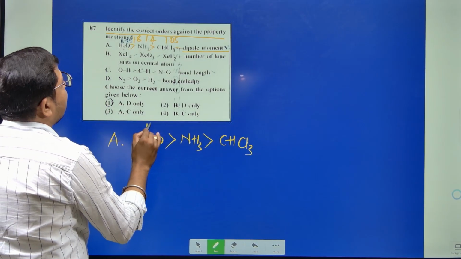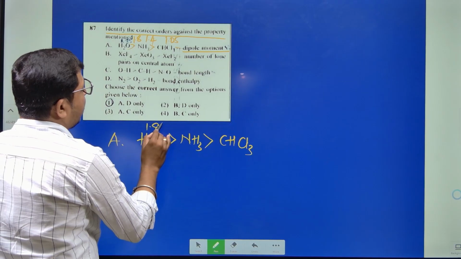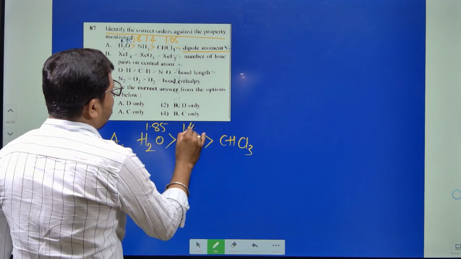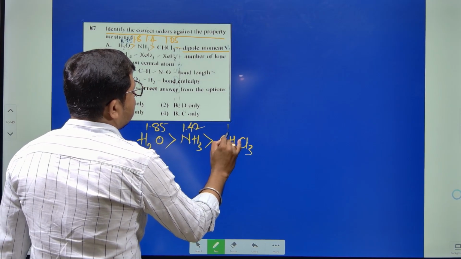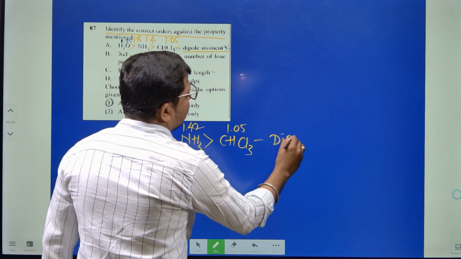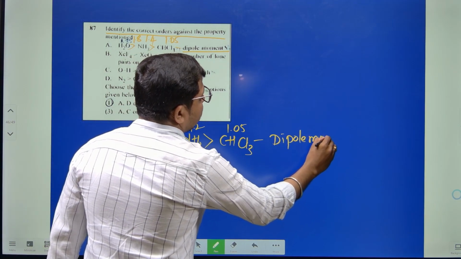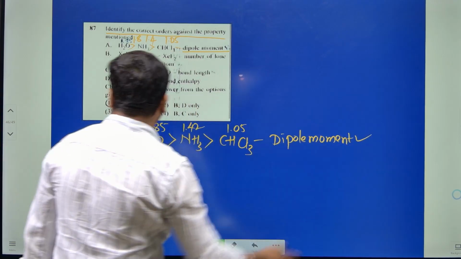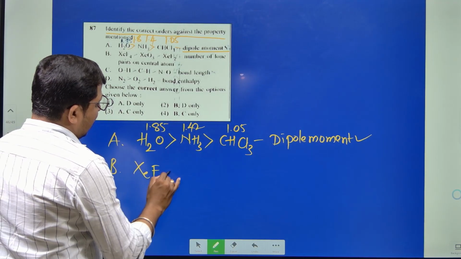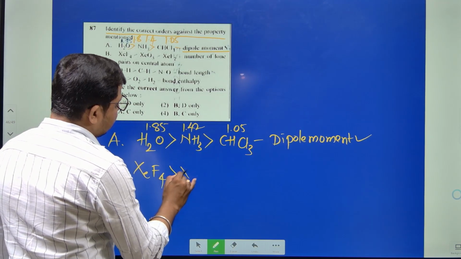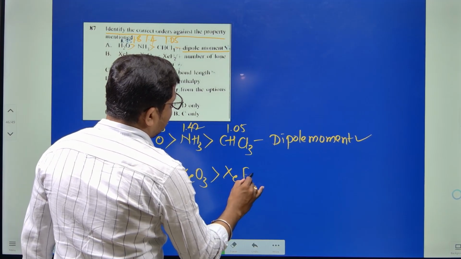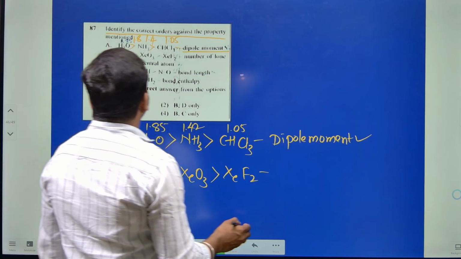The dipole moment of H2O is 1.85, NH3 is around 1.42 D and CHCl3 is 1.05 D. Therefore, this is the order of dipole moment, and this is the right answer. And option B is XeF4 greater than XeO3 greater than XeF2. This is the order of number of unpaired electrons.